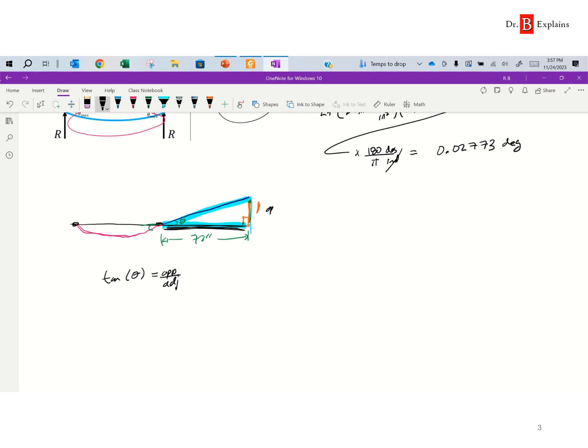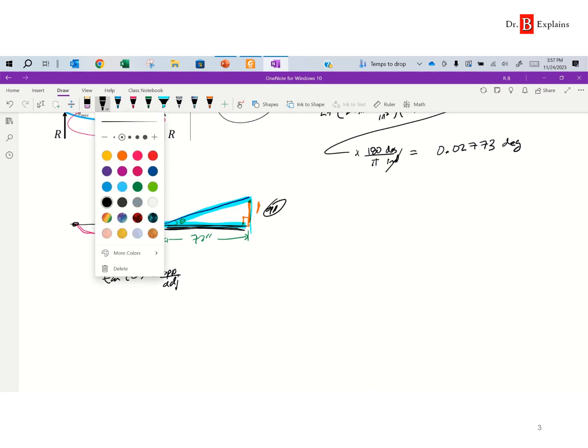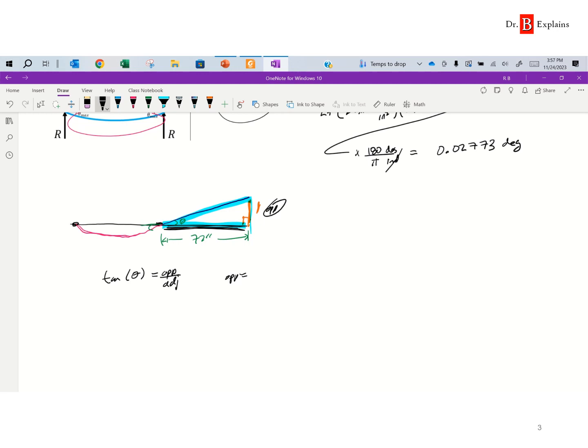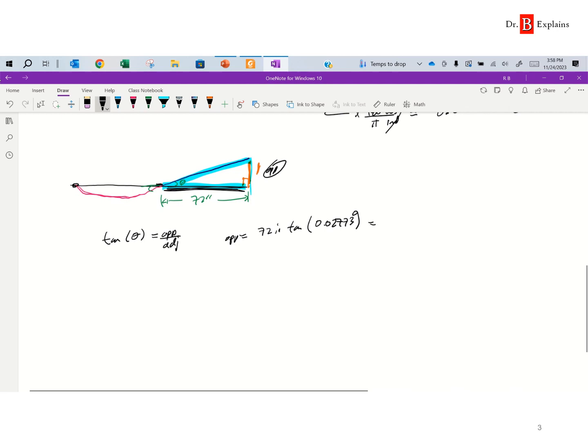So opposite side equals the adjacent, which is 72 inches, times the tangent of theta, which is 0.02773 degrees. So we type this in the calculator, we get that that opposite distance is 0.03485, and the units are inches, right? So that's how much it deflects upwards.